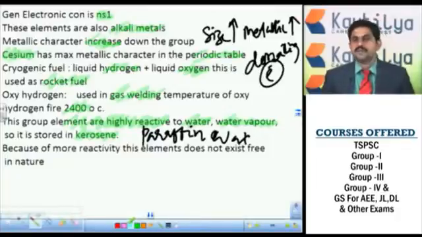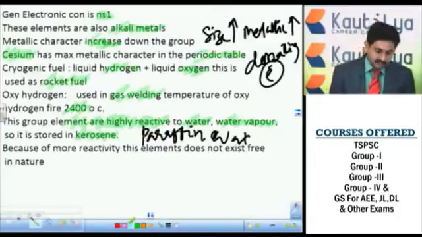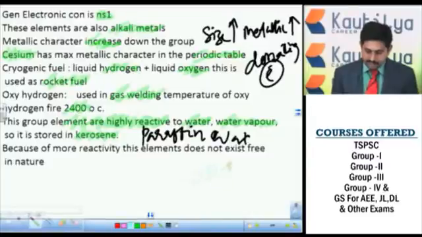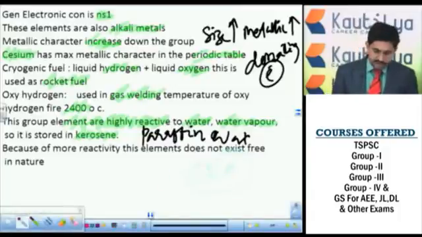Basically, in the metallurgical process, we are doing a reduction process to convert the oxides into metals. But these alkali metals are strong reducing agents themselves, so they cannot be reduced further. How can we do reduction for this?